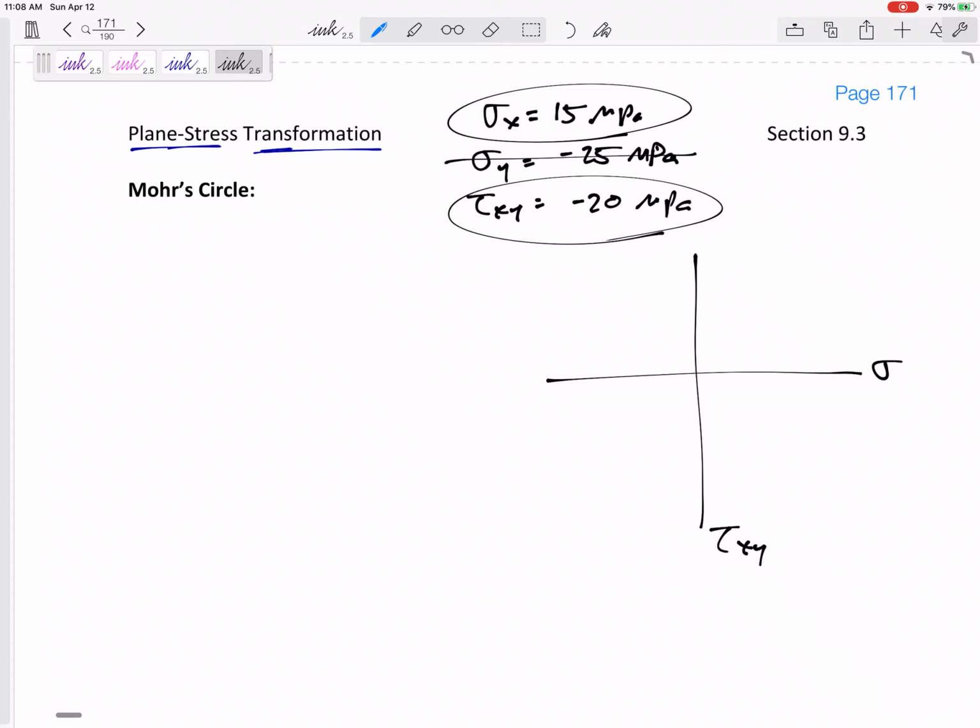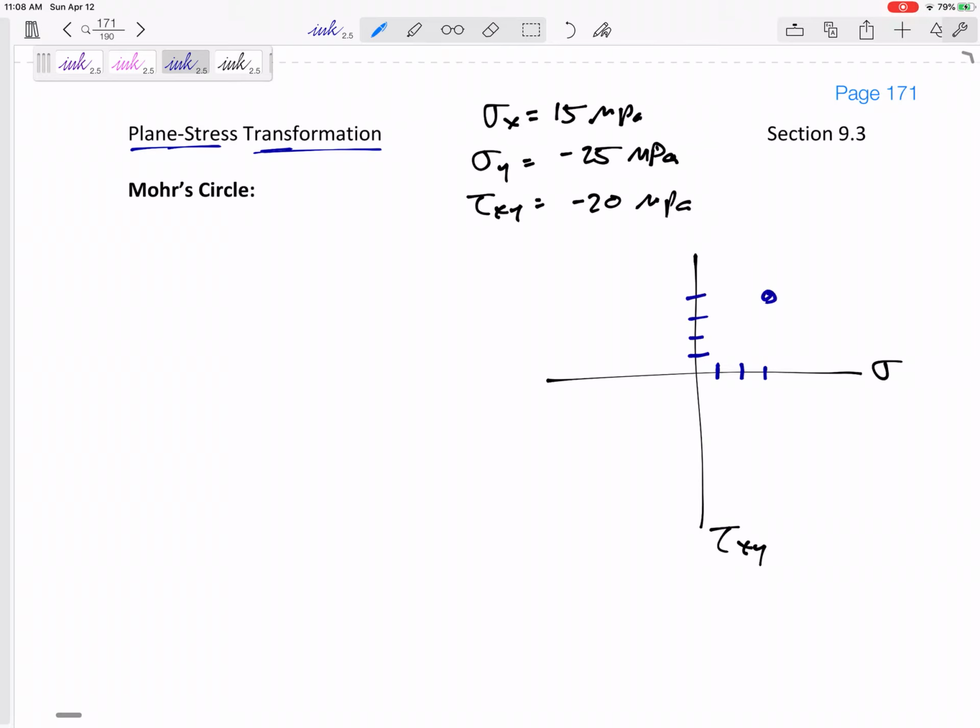So if I plotted 15 comma negative 20, that would be 5, 10, 15, and then negative would be up. That might be right there: 15, negative 20, sigma comma tau.